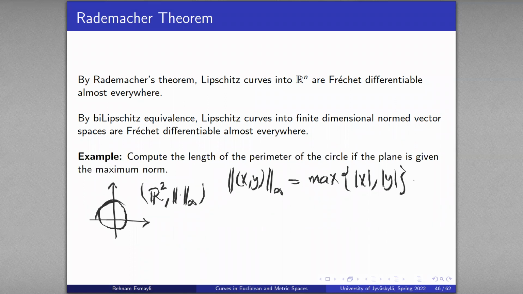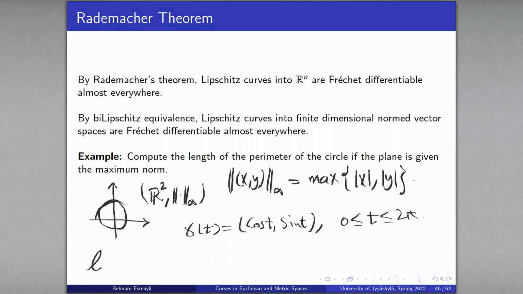Now we want to compute the length of the circle, by which we mean the curve gamma of t equal to (cosine of t, sine of t), where t is between 0 and 2 pi. So we want to compute the length of this gamma, but in the L infinity norm on the plane.